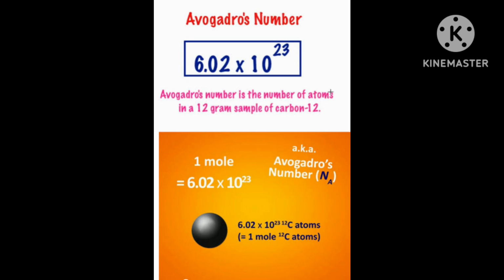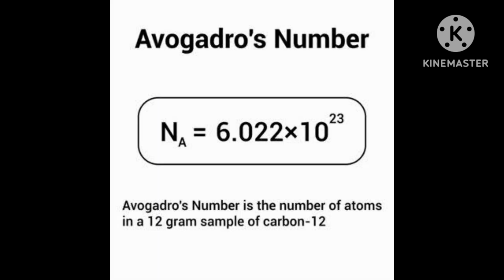Arts has a different meaning, commerce, science, medicine, even engineering, BE, BTech. All degrees are equivalent, but equal only in the sense that all are bachelor degrees; their meanings are different. I think it is now clear that equivalent means equal in some sense, not in all senses. And now you will understand equivalent weight.